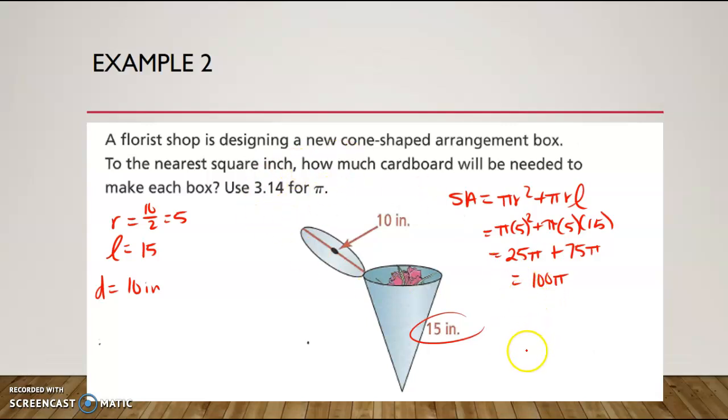It does want us to use 3.14, so we're going to take 100 times 3.14, and we will end up with 314 inches squared, because since it's an area, it's in units squared. So inches squared as our surface area for our cone-shaped arrangement box.